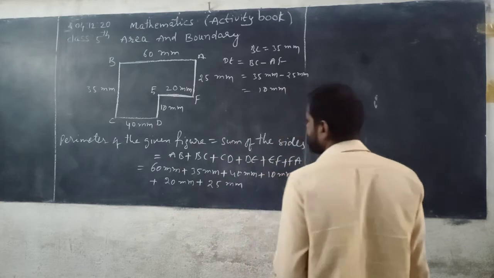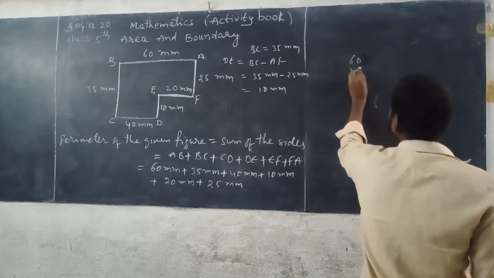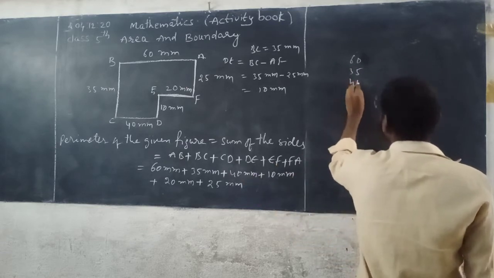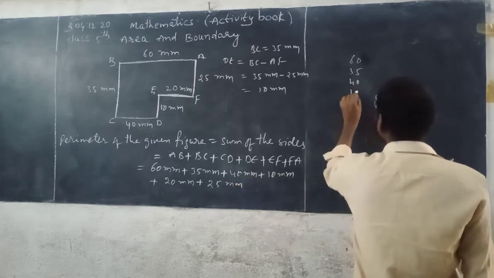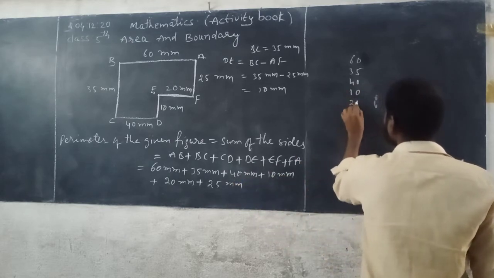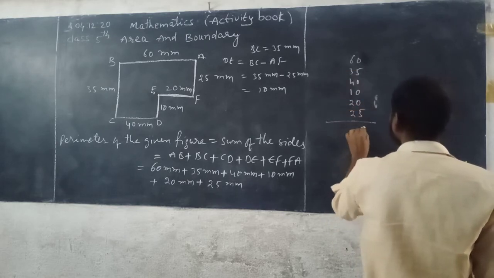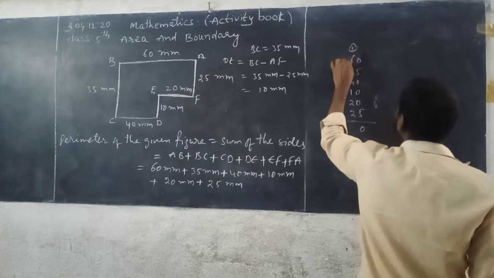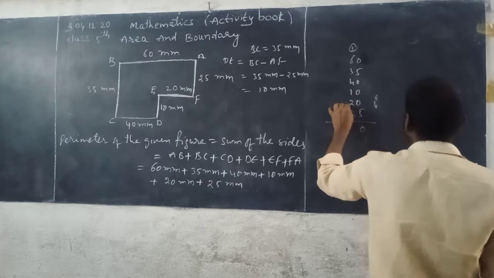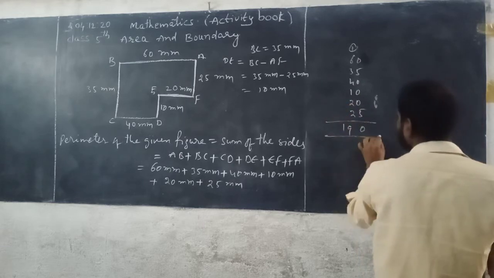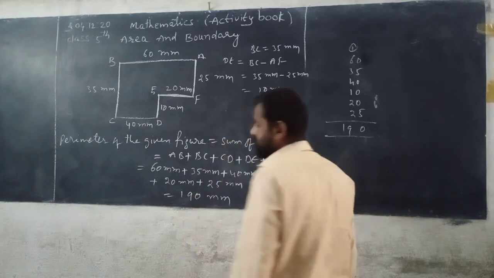See, add 60, 35, 40, 10, 20, 25. See here, 5 plus 5, 10, 0 taking, 1 carrying, 1 plus 6, 7, 7 plus 3, 10, 10 plus 4, 14, 15, 15 plus 2, 17 plus 2, 19. So you get 190 millimeters. Write it down.